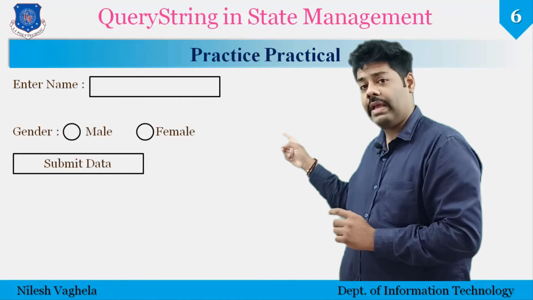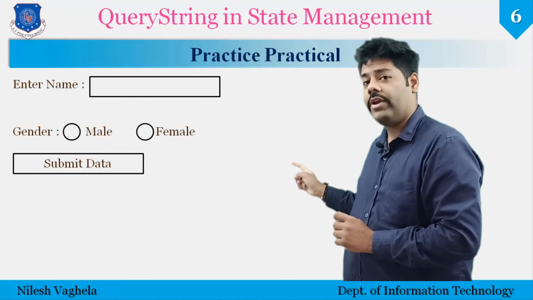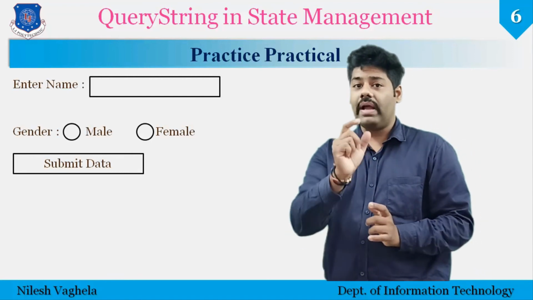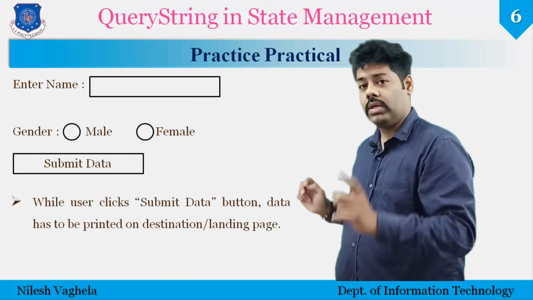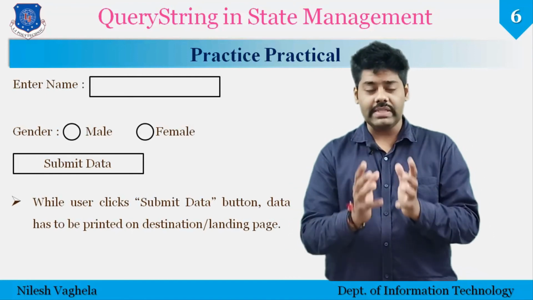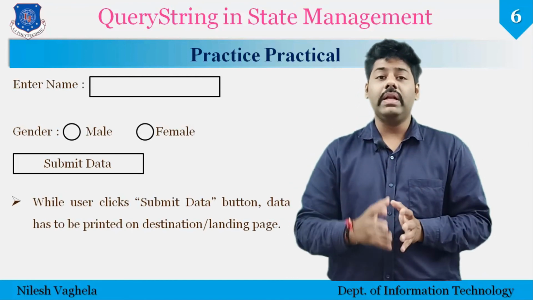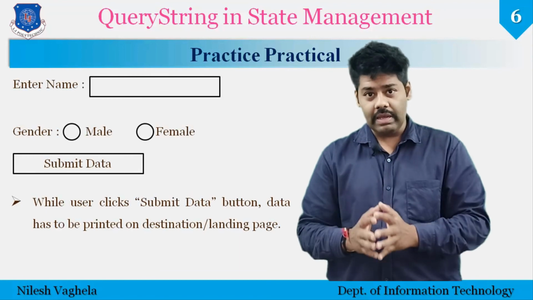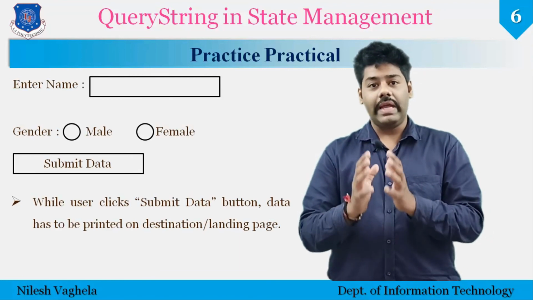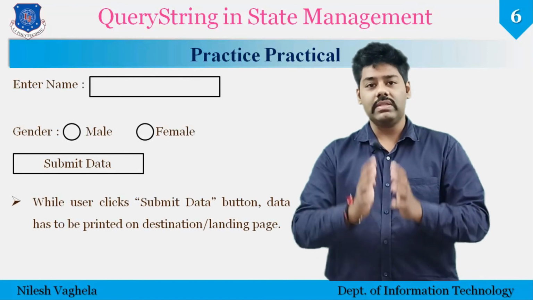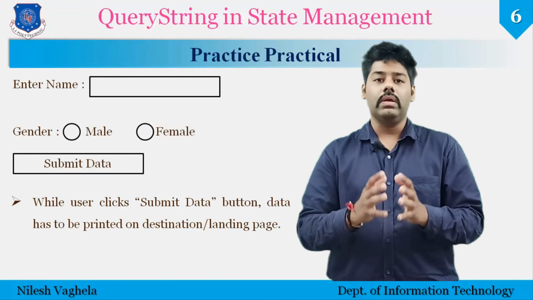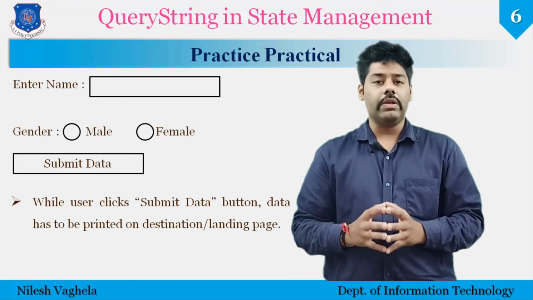So we have a name, and we have a radio button for gender, that is male and female. Now while clicking on the submit button, your data has to be printed on the landing page or destination page, depending upon the user having entered his or her name and selected his or her gender. So that is one practical as well as some listed MCQ questions that have been covered in this particular tutorial.